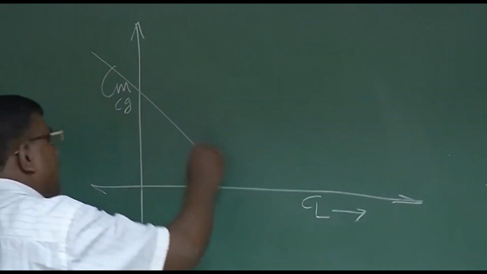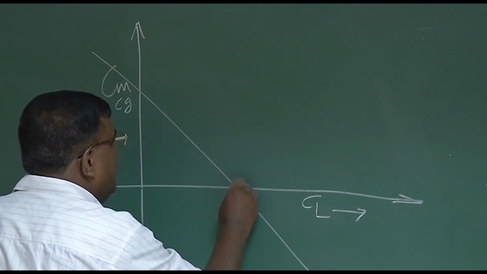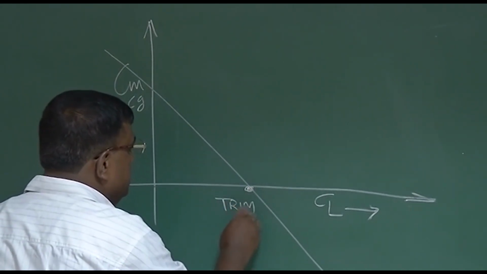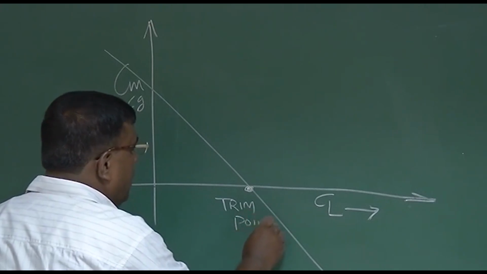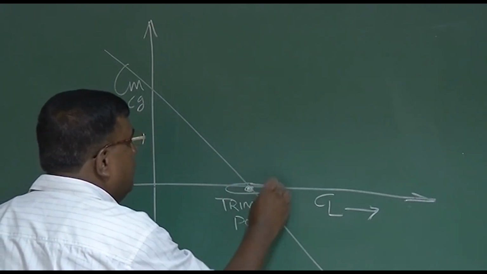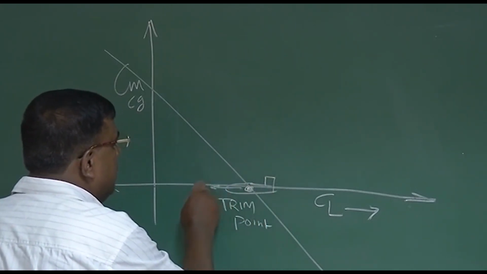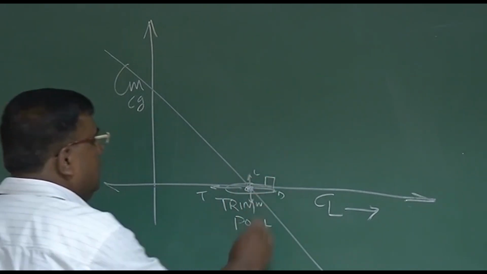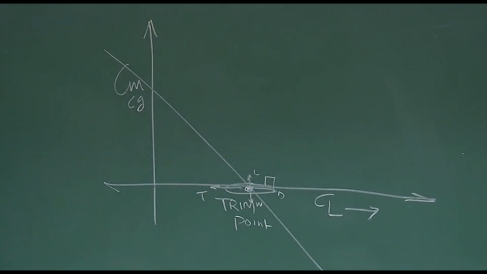Let us say the airplane is flying here and this is the trim point. What do you know at the trim point? Thrust equals drag, lift equals weight. The airplane is flying like this.